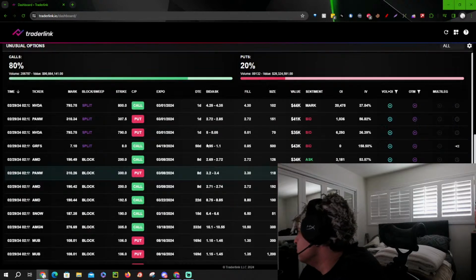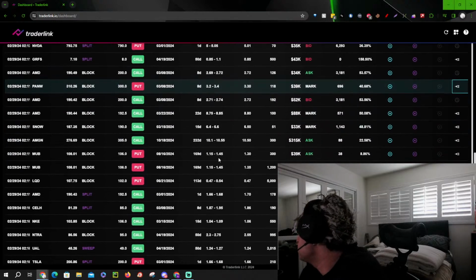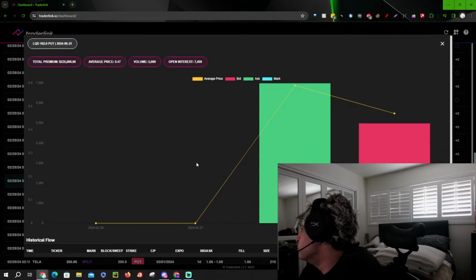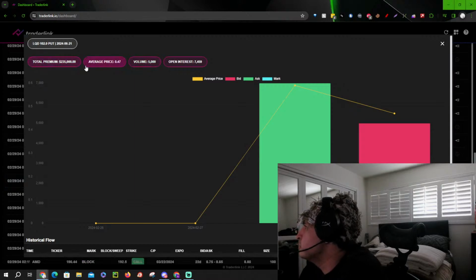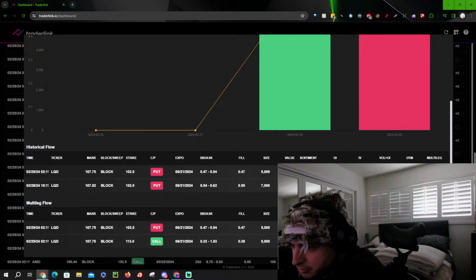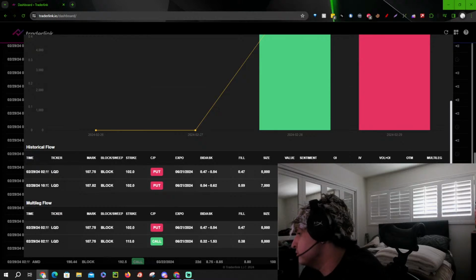Not a W print. Out of the money. W print. W print. Volume 5,000. Total premium 235,000. Implied volatility?